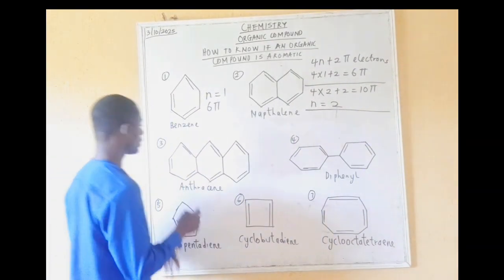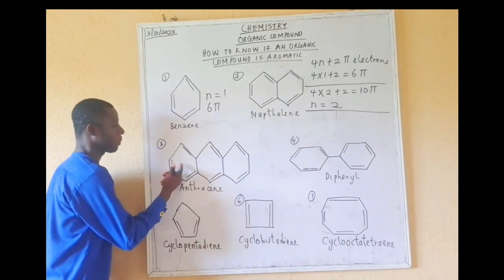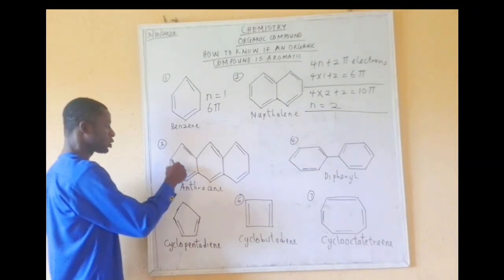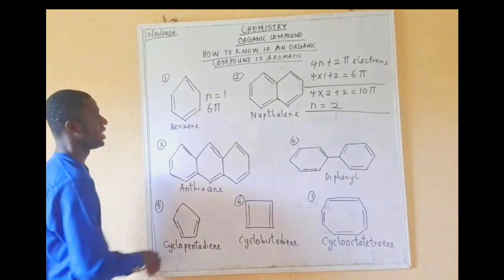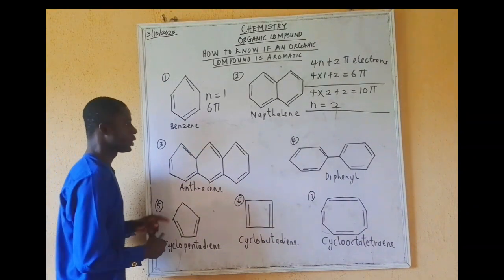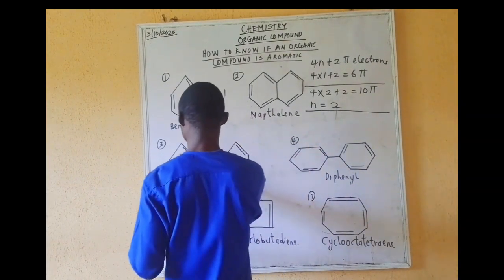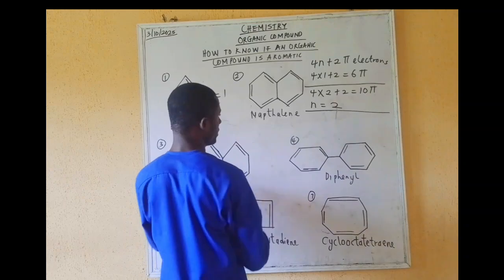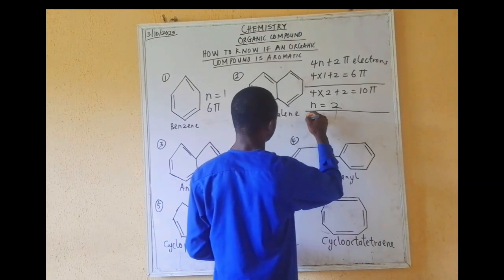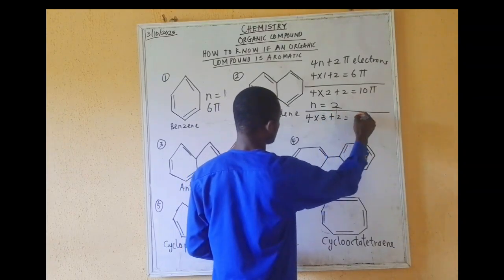Let's come to this place. Alright, it is cyclic, it is planar, it is conjugated. The pi electrons are delocalized. But let's see, does it obey Hückel's rule? Now this is 1, 2, 3, 4, 5, 6, 7. If we install 3, it should give us 4 times 3 plus 2. That is 12 plus 2, that is 14 pi.